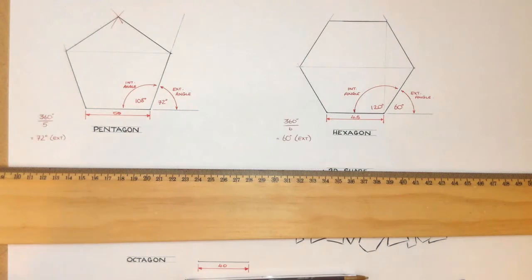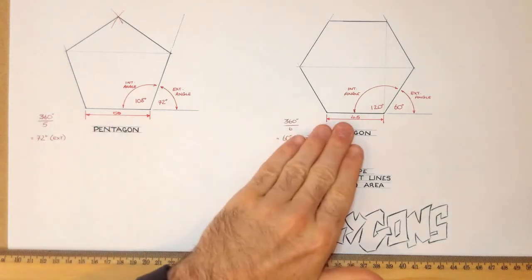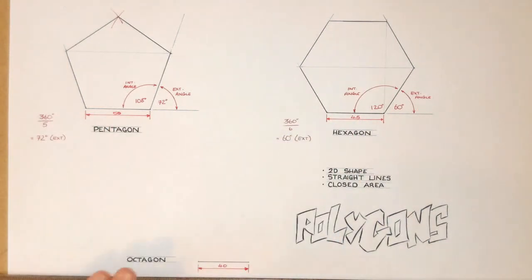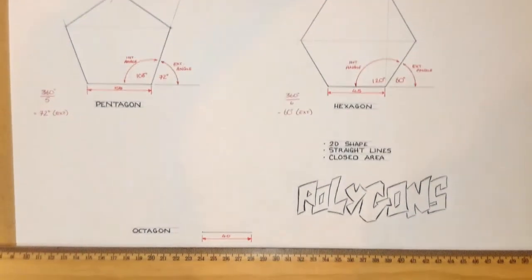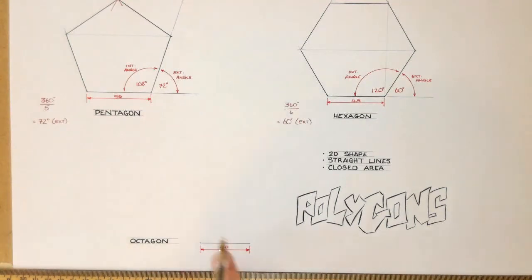Okay, now finally we're going to move on to the last one, which is down at the bottom of the page. We have done a pentagon and we have done a hexagon, and the last one we're going to do is an octagon. So octagon that has a side length of 40. First of all, our little bit of maths again.